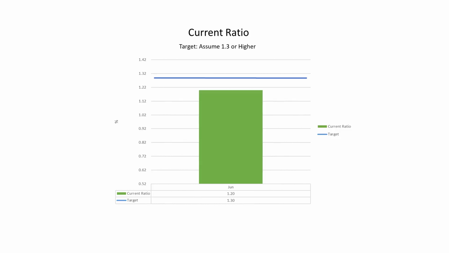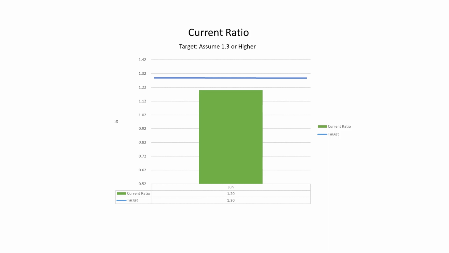Well, let's use an example with current ratio, which I mentioned a moment ago. Current ratio is current assets divided by current liabilities. Let's just say that the industry standard is 1.3. So you want to be 1.3 or higher, okay? So take a look at this first slide.